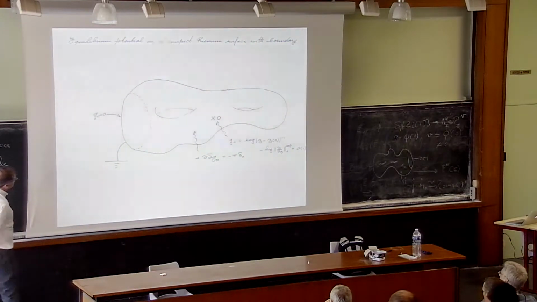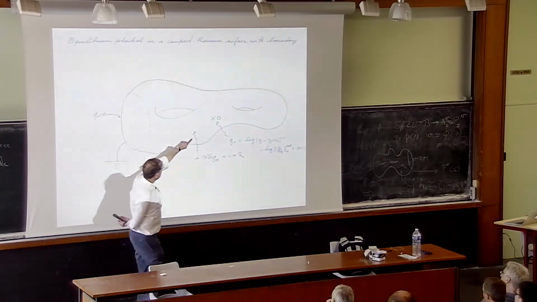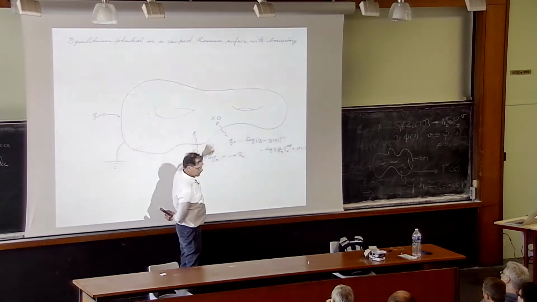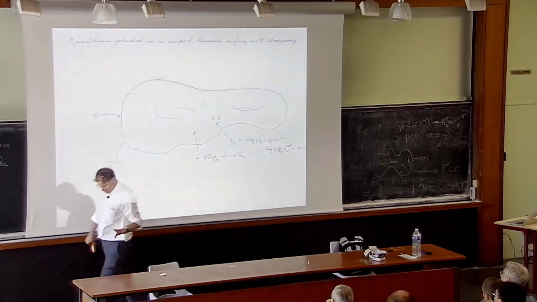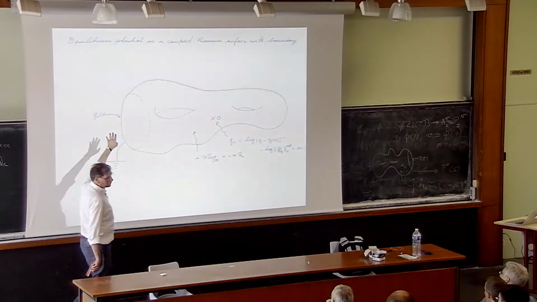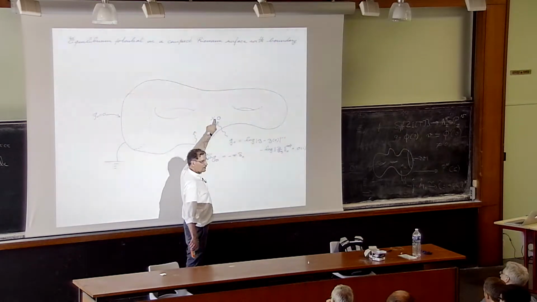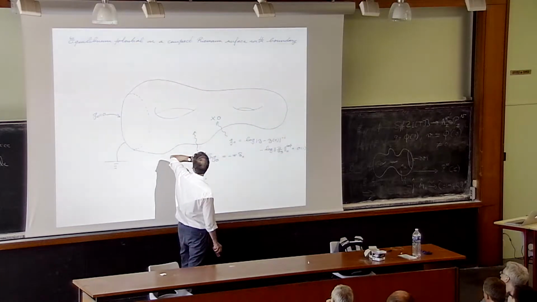So you have a compact connected Riemann surface with boundary, and you choose a point O inside the surface. So imagine your surface is realized in gold, and you put a unit charge there.